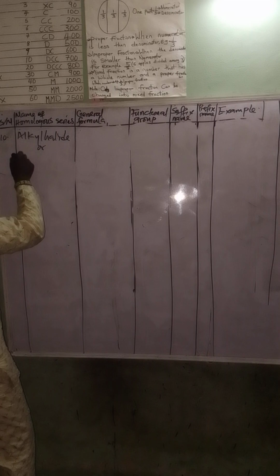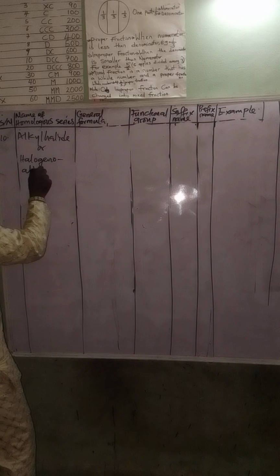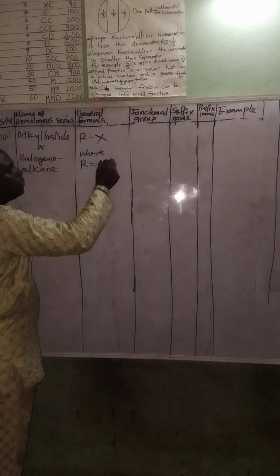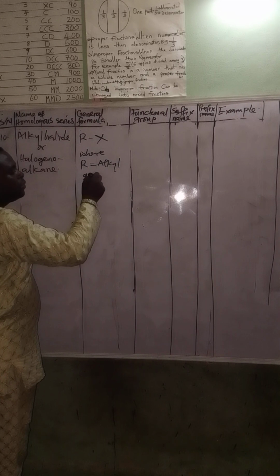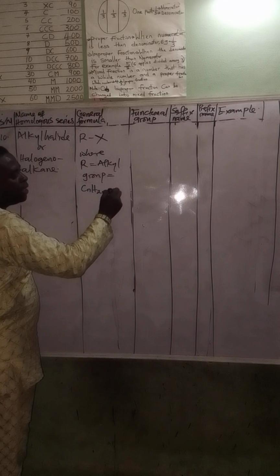Now, number 10, we have alkyl halide or halogenoalkane. That's another homologous series. Now, this one, the general formula is RX, where R is an alkyl group whose formula is CnH2n+1.